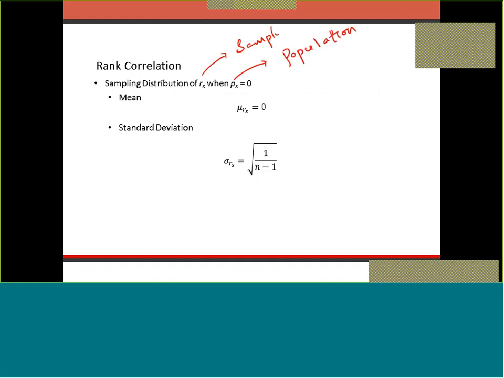Now we want to discuss the sampling distribution of RS, because RS is your test statistic. Under the null hypothesis, the mean is 0 and the standard deviation is square root of 1 by n minus 1. You should remember the formula.